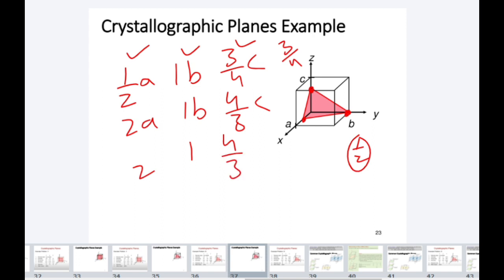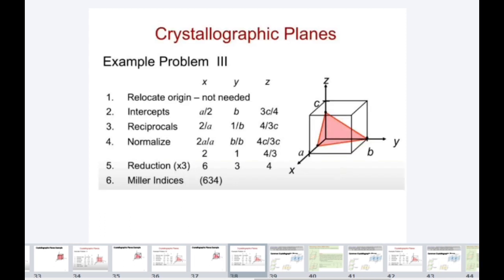Then I want to get rid of the fraction, so I multiply every number by 3. So this fraction will finish. If I multiply every number by 3, what will happen? 6, 3 and 4. And finally I have to enclose it in the bracket. This is the representation of this plane. Here is the answer. You see, 6, 3, 4.